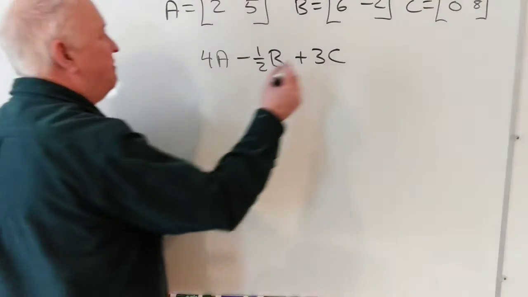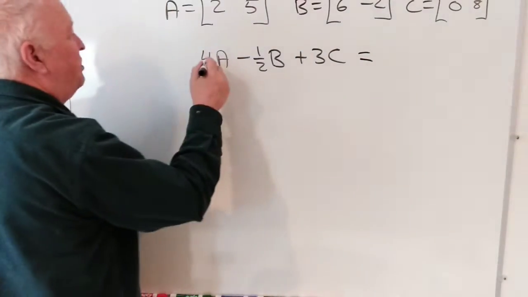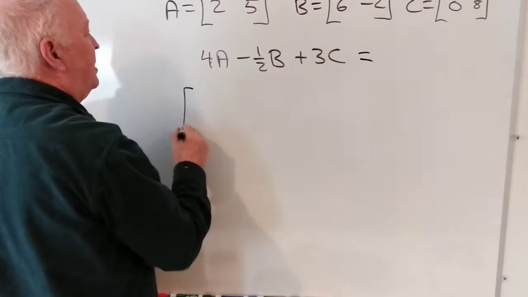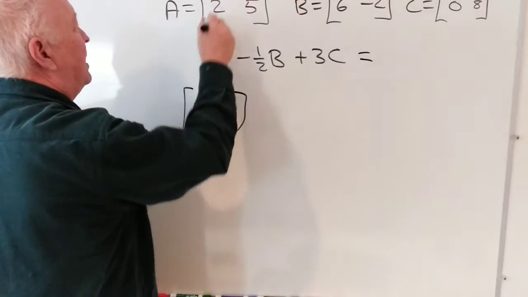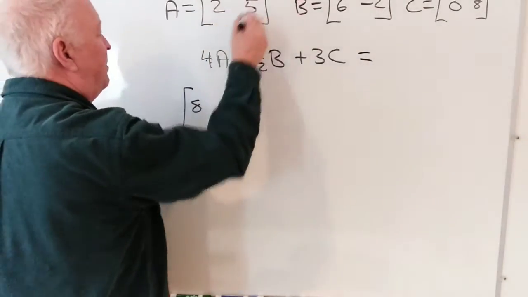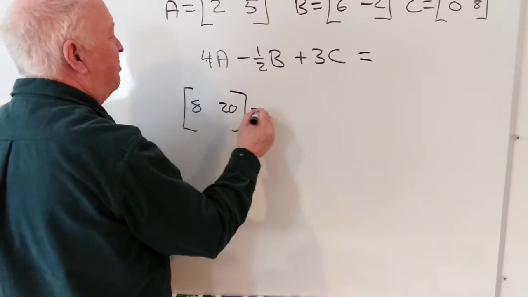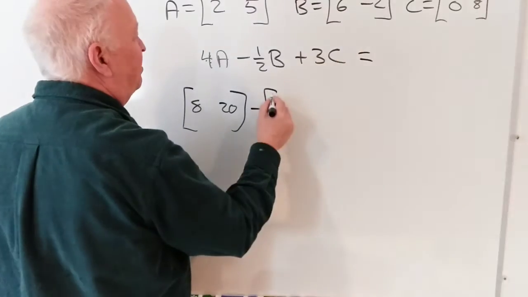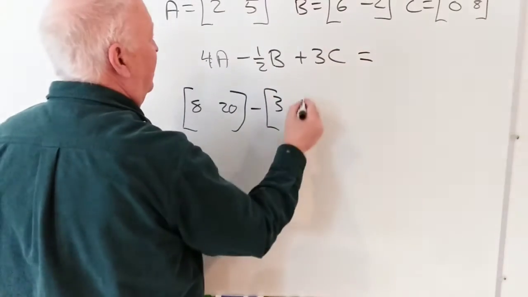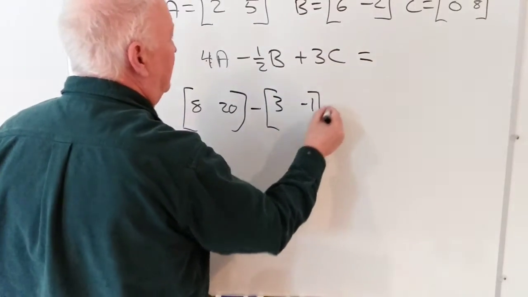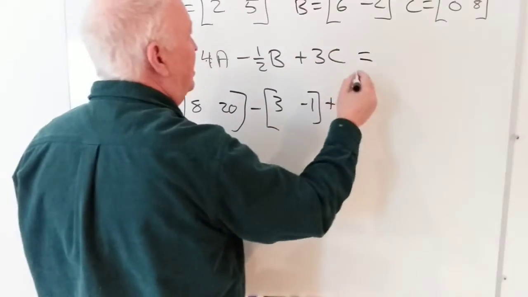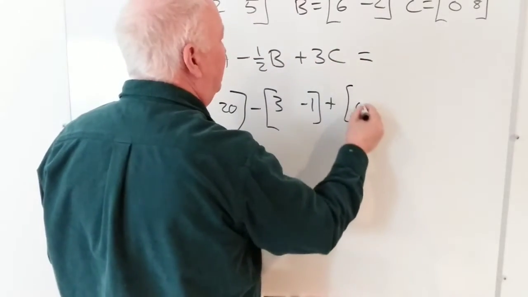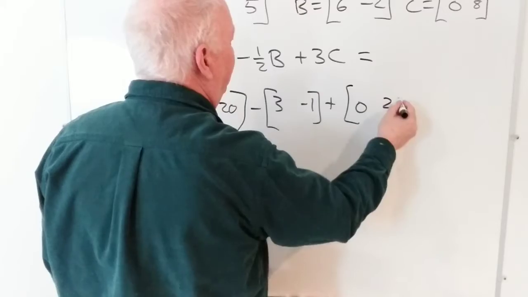Okay, this would be 4 times A, so 4 times 2 is 8, 4 times 5 is 20, minus half of B, so half of 6 is 3, half of negative 2 is negative 1, plus 3 times C, 3 times 0 is 0, 3 times 8 is 24.